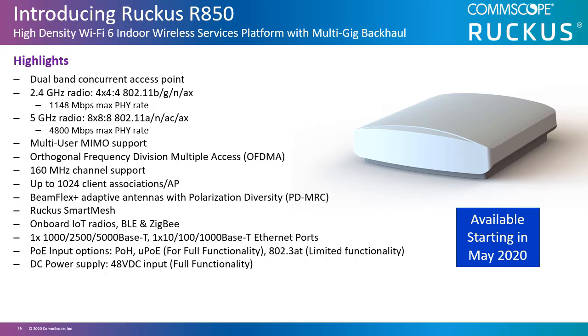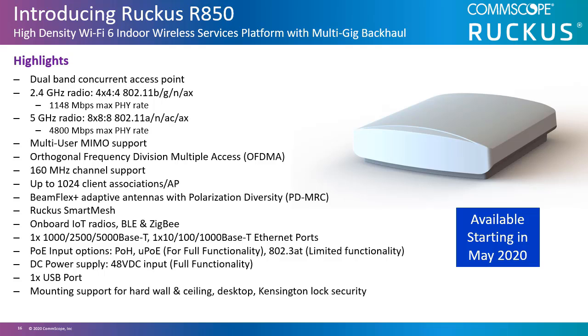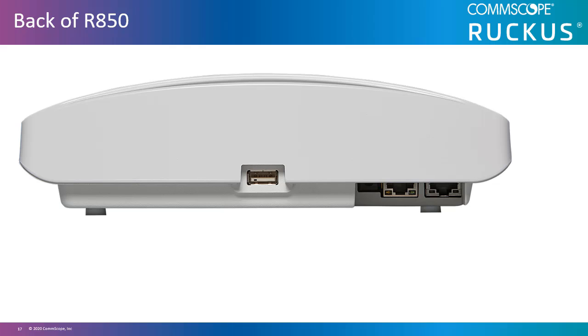And as a note, to get more power than 802.3at, you have to go to PoH or UPoE. It has one USB port for IoT and other converged technologies. It has mounting support for walls, ceilings, and desktop. And for controller management, you can control it with ZoneDirector, SmartZone on-prem or virtual, cloud, Ruckus Cloud, and Unleashed.